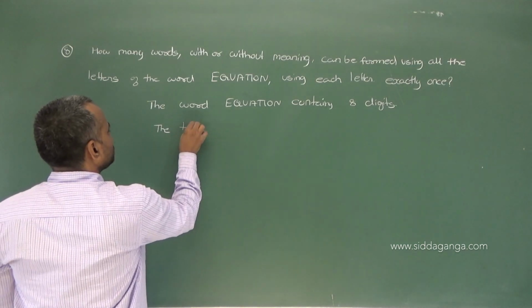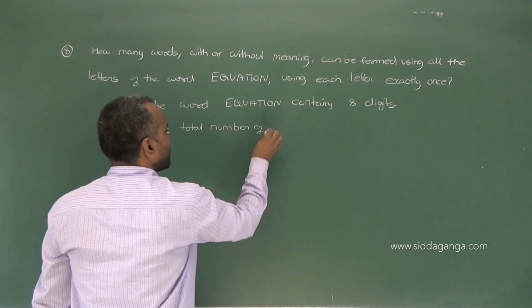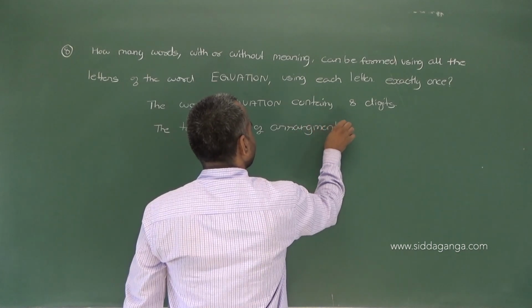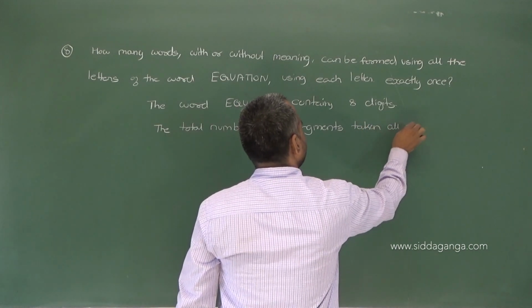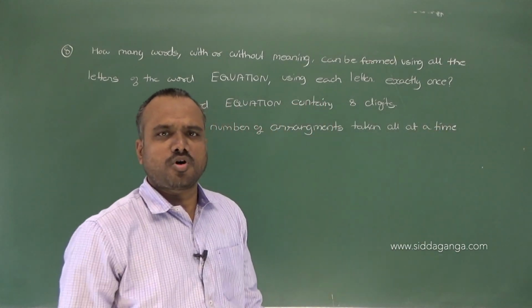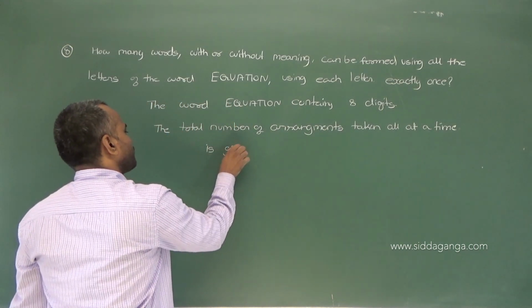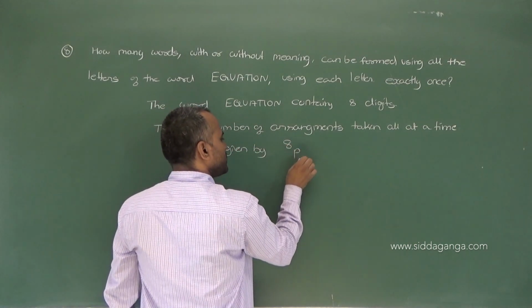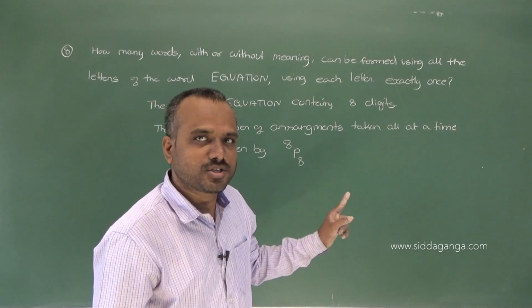Then the total number of arrangements taken all at a time is given by 8P8.